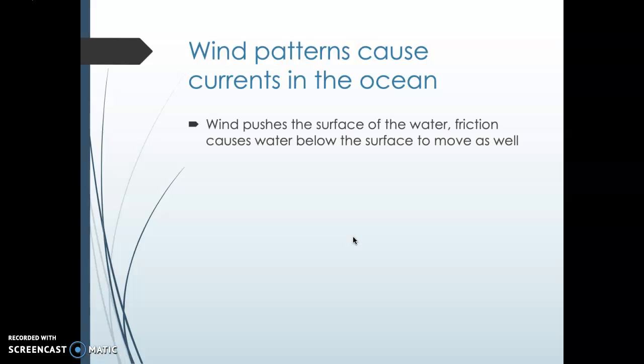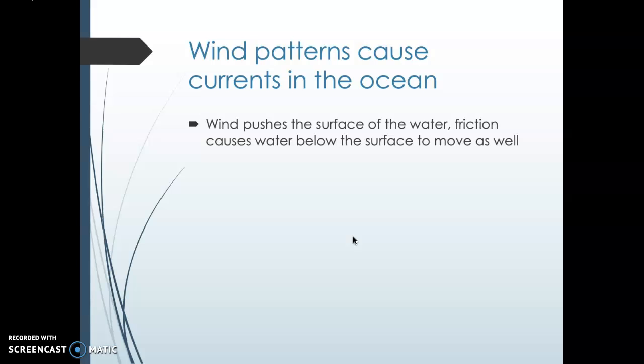So winds blow across the ocean and move it as well. The wind can push the surface of the water, and that friction can cause water below to move as well. So you get these sections of water that are pushing other water, moving deeper and deeper as you go.